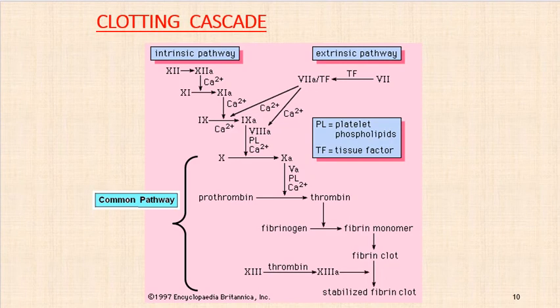And then comes the clotting mechanism, the clotting cascade, if you remember from your knowledge of physiology. The clotting cascade has an intrinsic pathway, an extrinsic pathway, and then a common pathway. The intrinsic pathway starts with activation of coagulation factor 12, the Hageman factor, which is activated by contact with subendothelial collagen when it is exposed.